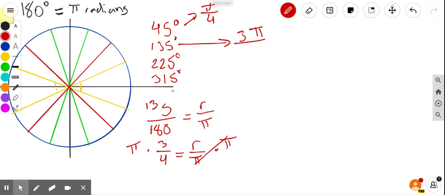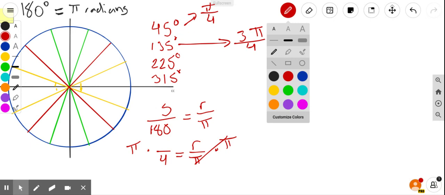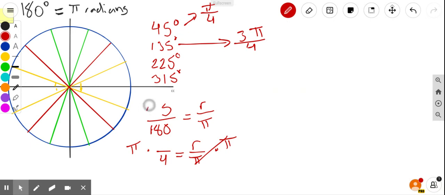So then 135 over 180 produces 3/4 multiplied by pi gets me 3 pi over 4. And I'm just going to keep flexing on you guys. I know that 225 is 45 multiplied by 5, so I get 5/4. Multiply that by pi. This one comes out to 5 pi over 4.